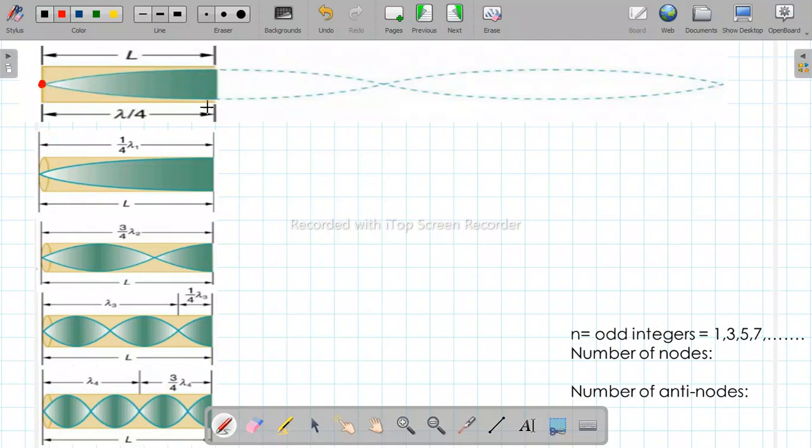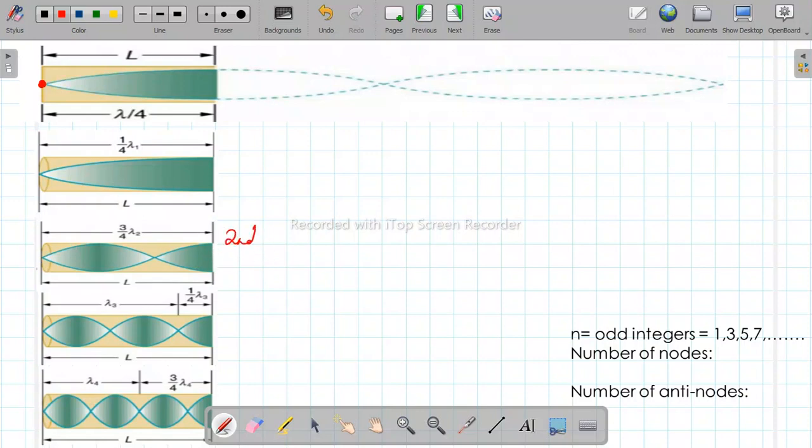In other words, the displacement of the particle is zero, or a node will be formed, at one end. On the other hand, an antinode will be formed at the other end since it is open and particles have the freedom to displace. This is what we call the fundamental mode or first harmonic, right? Then we have the second possible case, keeping a node at one boundary and an antinode at the other.